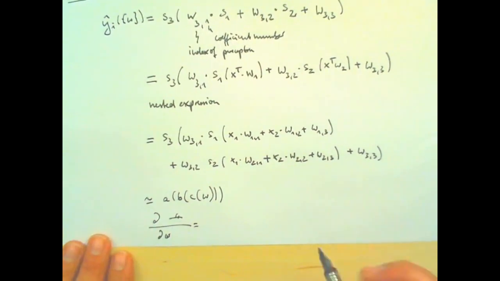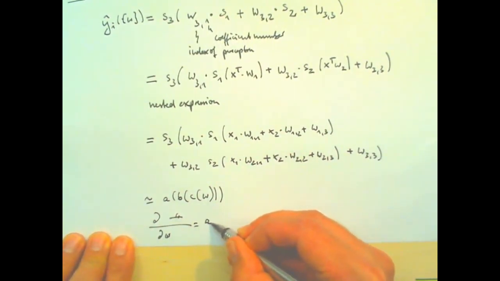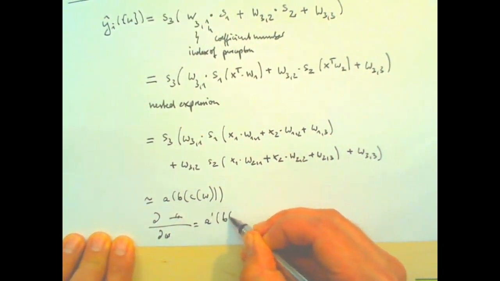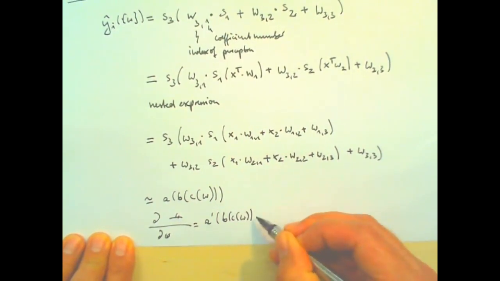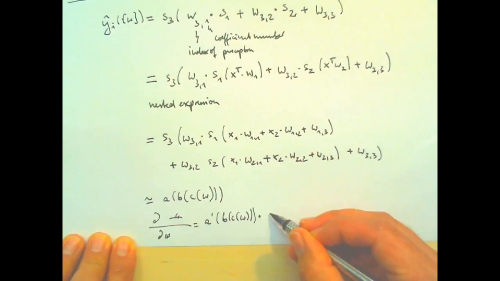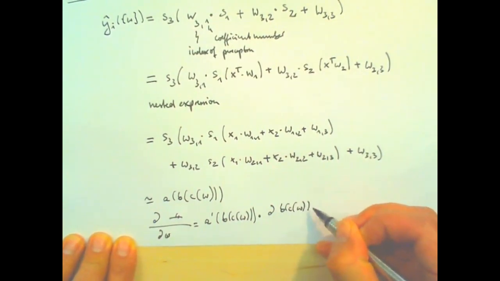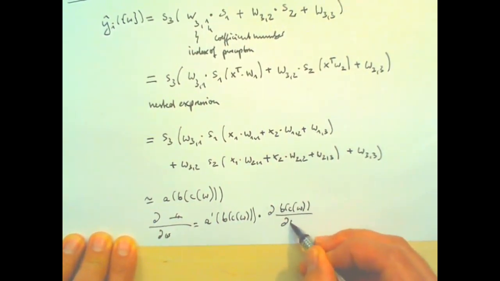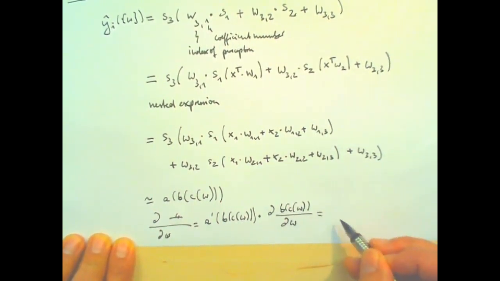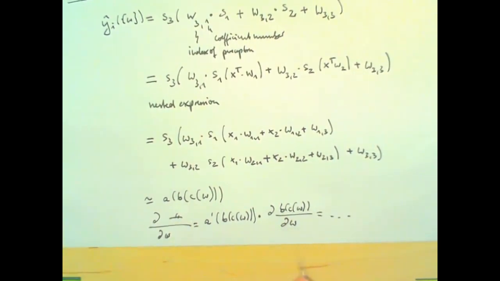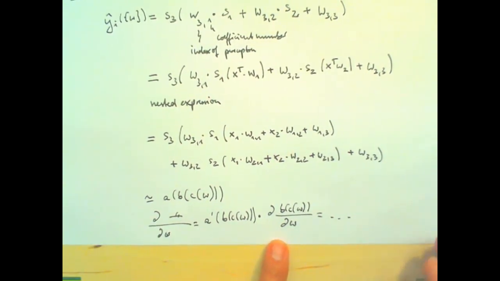So this is A prime of B of C of W times the derivative of B of C of W with respect to W, and so on. So you can unnest these expressions one by one, and this is really what you do for backpropagation.